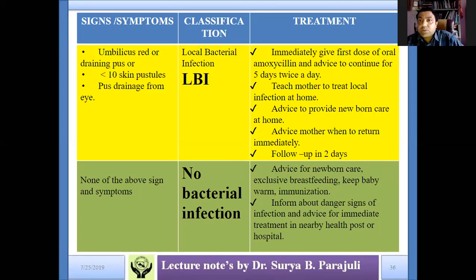Immediately give first dose of oral amoxicillin and advise to continue for 5 days twice a day. Here only for 5 days. Teach mother to treat local infections at home because it is OPD based treatment.